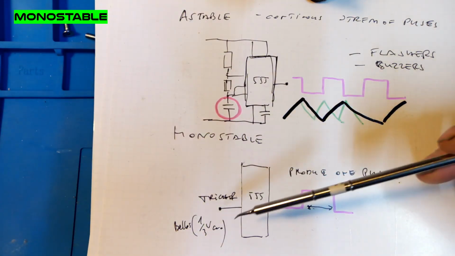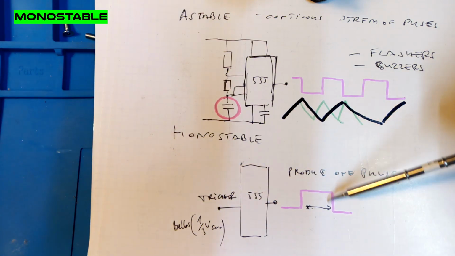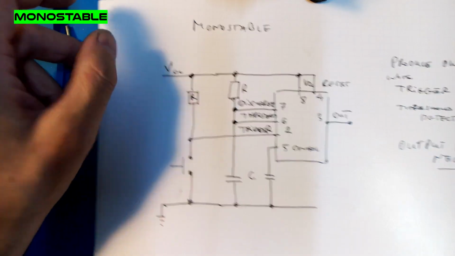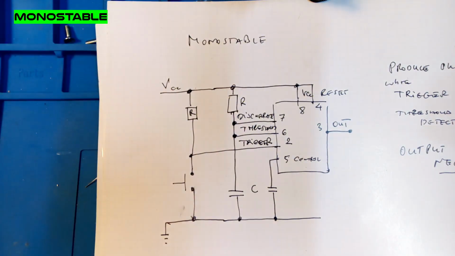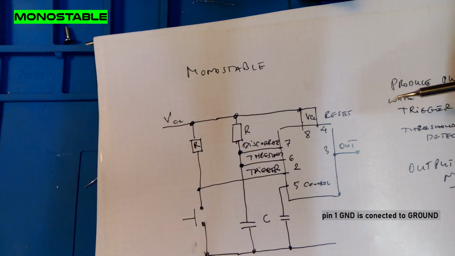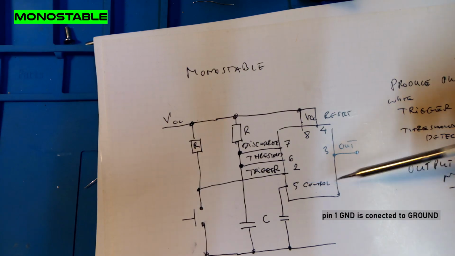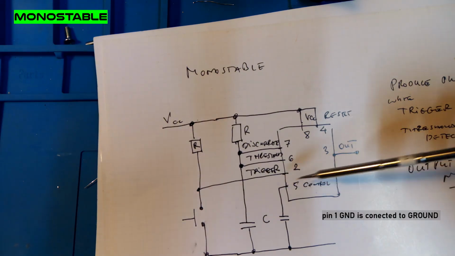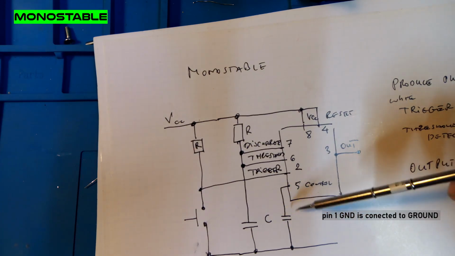The second mode is monostable. It means that when we trigger, it produces one pulse. Here is a more detailed diagram of monostable. We have our pinout. Pin 5 is usually in this mode grounded through a decoupling capacitor.